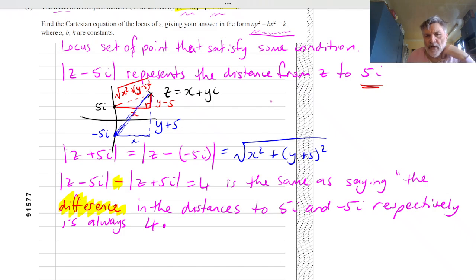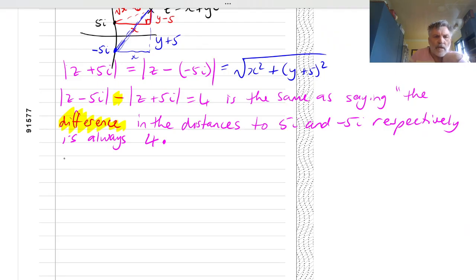So let's think about that, and I ask you a question. If the distance between these 2 points is always 4, so let's draw a graph. We've got 5i up here, we've got negative 5i down here, and we've got some point in the complex plane, and the distance from each of these points, and we subtract them, we always get 4.